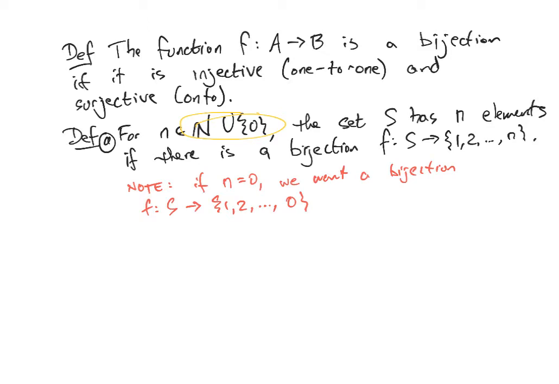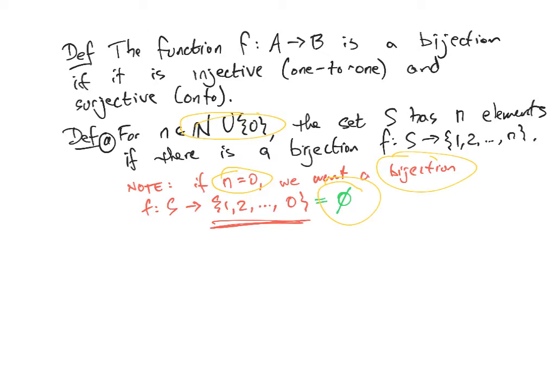Okay? And there's no number that fits in there. There's no number between 1 and 0. So what we do is we interpret that as being the empty set. Okay? So if n equals 0, we want a bijection to the empty set.